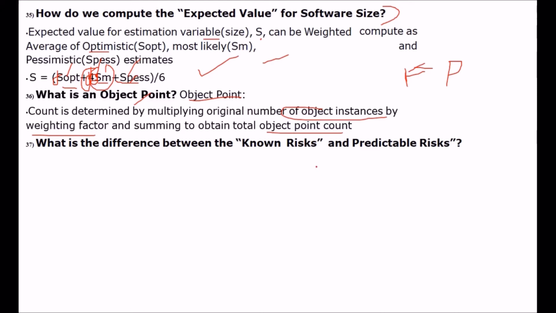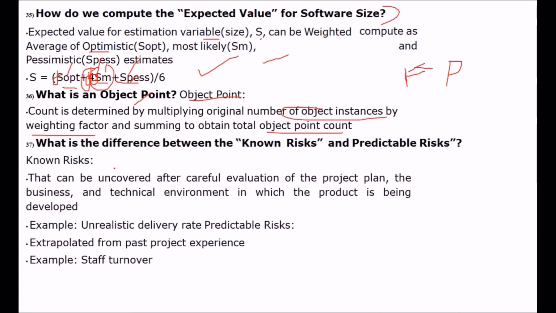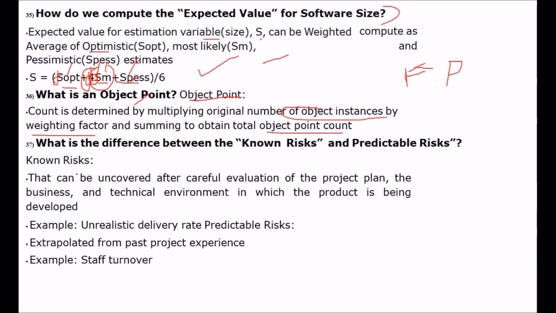What is the difference between known risk and predictable risk? First, let us see this known risk, then we will go to predictable risk. Known risks are those that can be uncovered after careful evaluation of the project plan, the business and the technical environment in which the product is being developed.